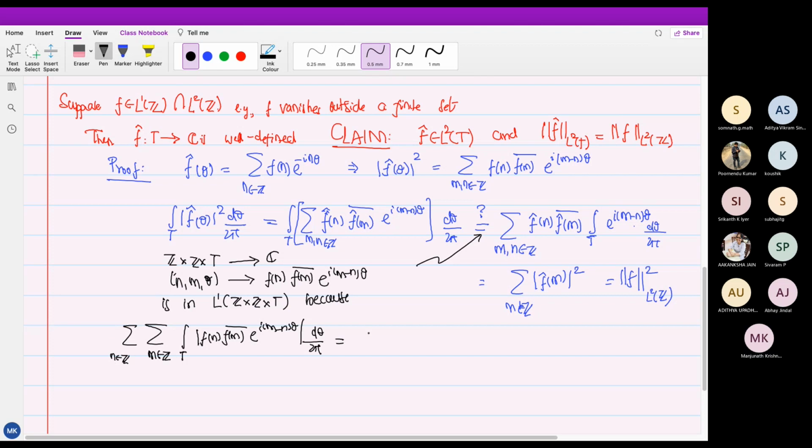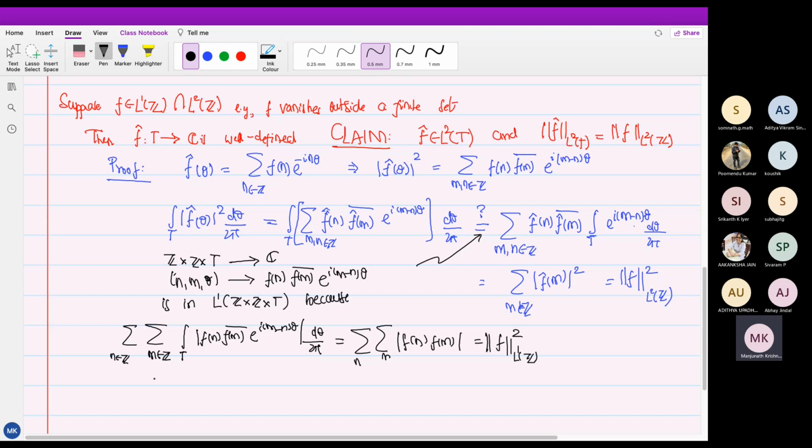The exponential has absolute value 1 and that integrates to 1. What comes out is just the sum over n, sum over m, of f of n, f of m absolute values, which is just the L1 norm of f squared. It's not L2. Just assuming f in L2 was not enough. F in L1 is being used here. So this is integrable.